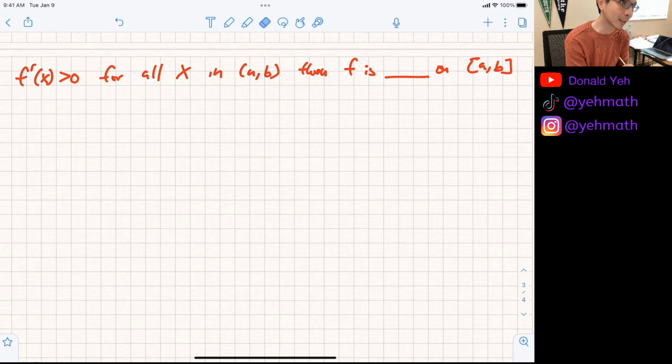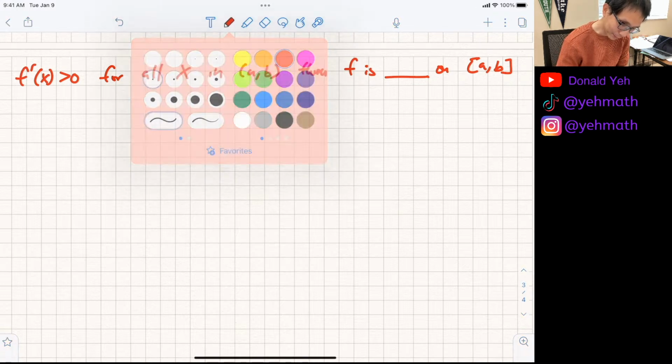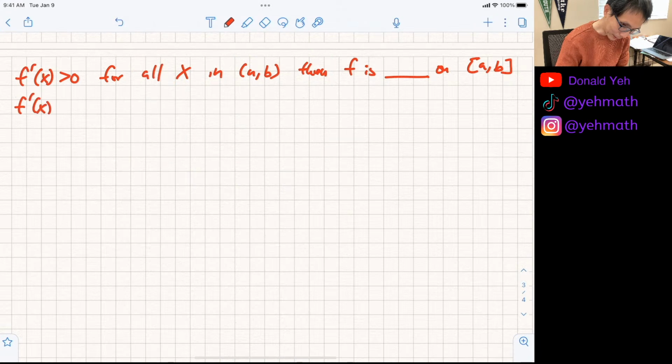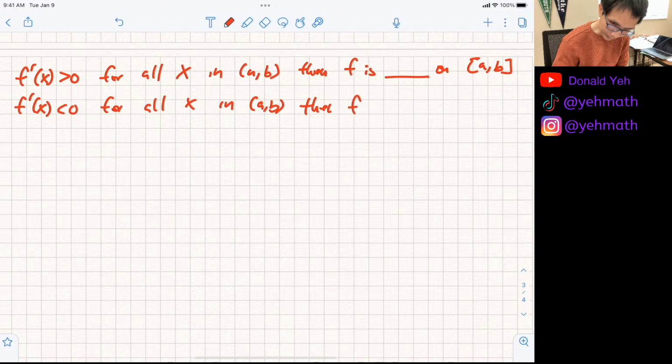Well, it is differentiable, yes, but that's not the word I'm looking for. Somebody can help me fill in the blank? Anybody can help me fill in the blank?